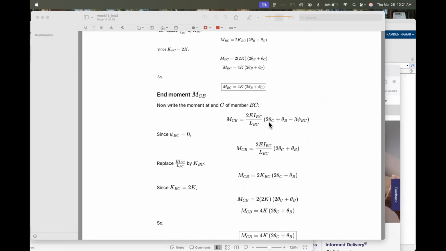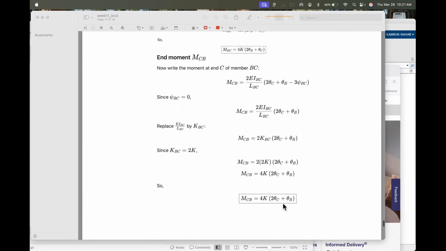Same way: 2 theta C plus theta B, 3 psi BC, and there is no fixed end moment. And we know 3 psi BC equals 0. Just remove that one, we have this. And initially we considered that as another constant value, substitute that. We simplify our equation and we get M_CB.